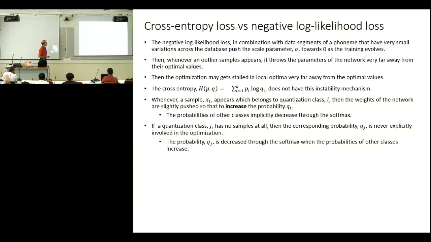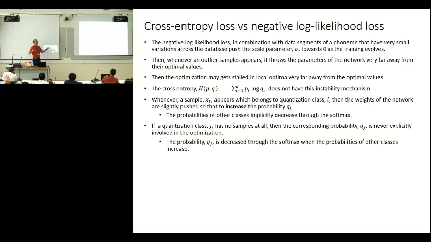On the other hand, the cross entropy does not have this instability mechanism. Whenever a sample appears which belongs to a quantization class, the weights of the network are slightly pushed so as to increase the predicted probability of that sample. The probabilities of all other classes implicitly decrease through the softmax, because the softmax has to sum to 1.